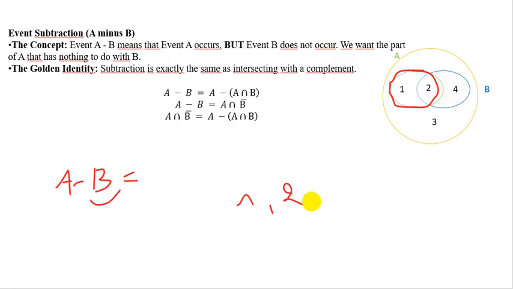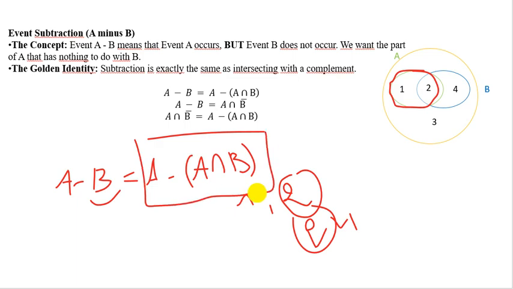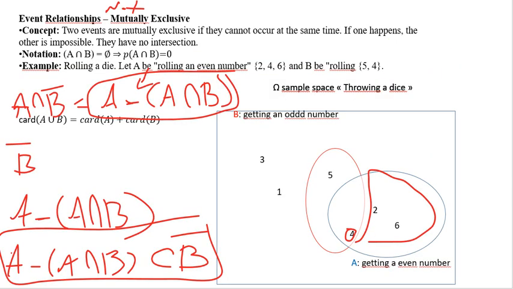So we need to remove these two because it is in B. So it is simply A minus A inter B. This is the subtraction in events. So A minus B is A minus the intersection, and we saw here that A inter B bar is A minus A inter B.